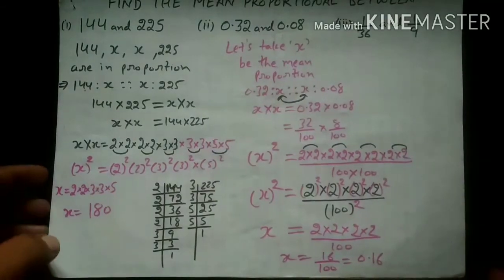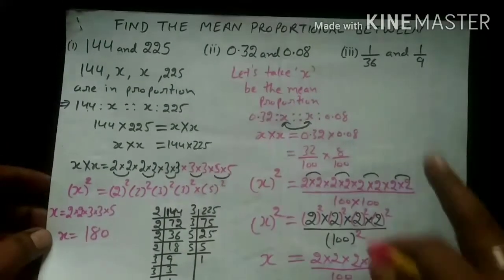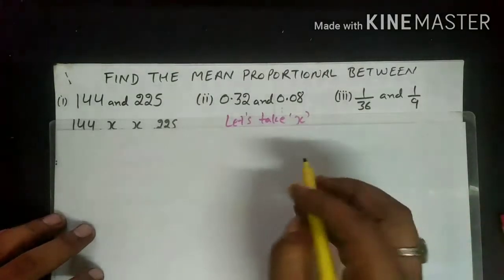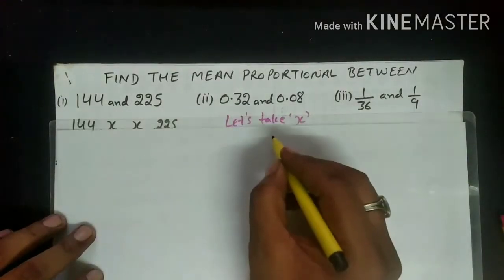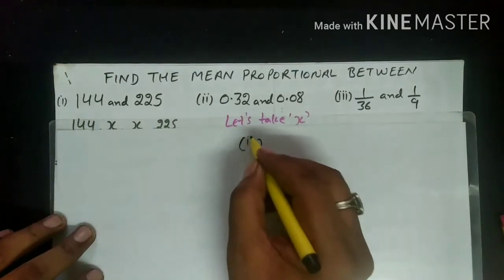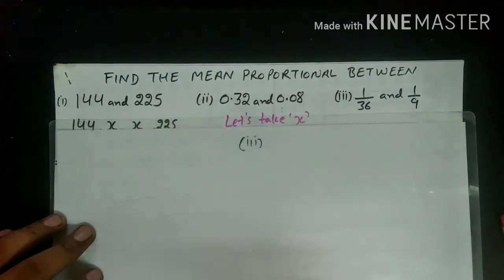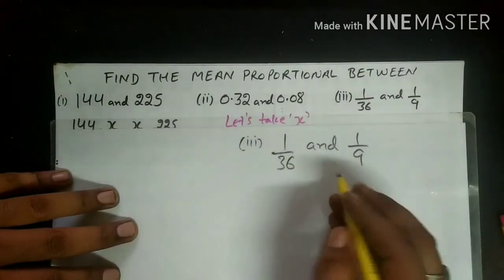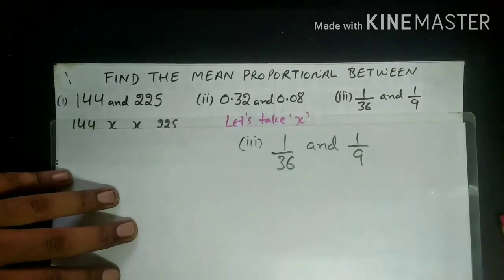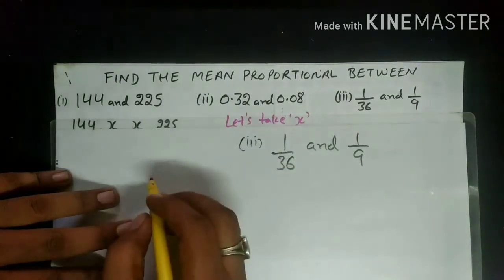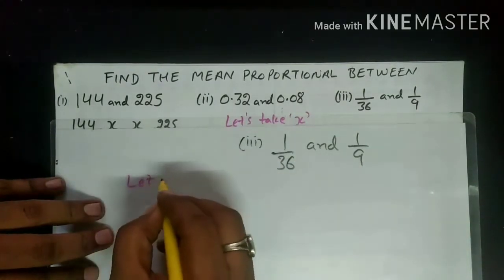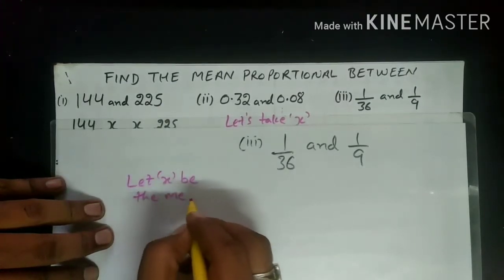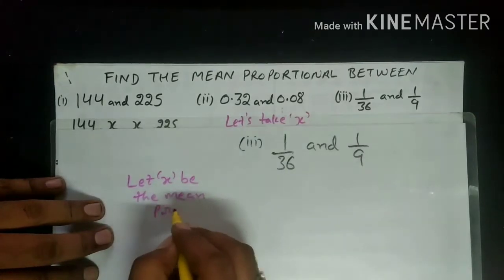Now we are on our third part. Now the question is 1 by 36 and 1 by 9. Here we will take x as the mean proportion, so I can write let x be the mean proportion.